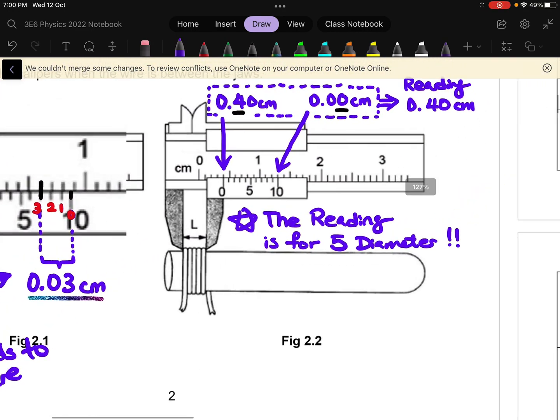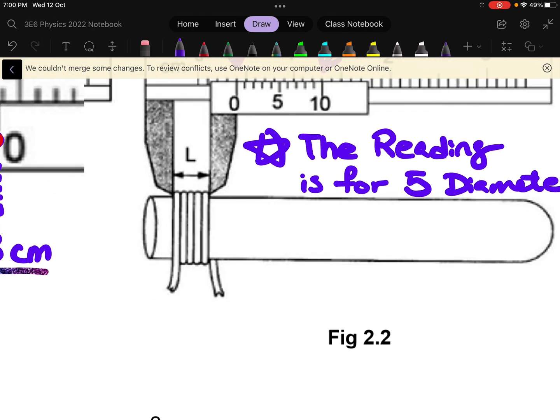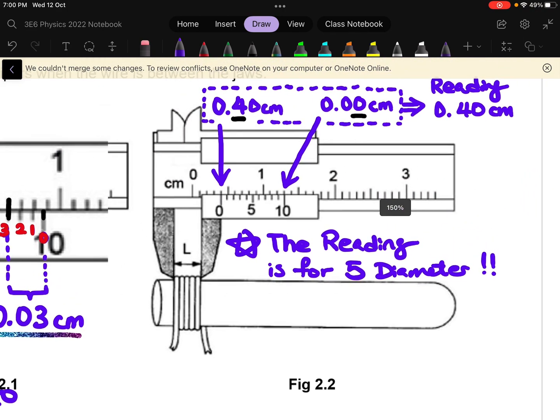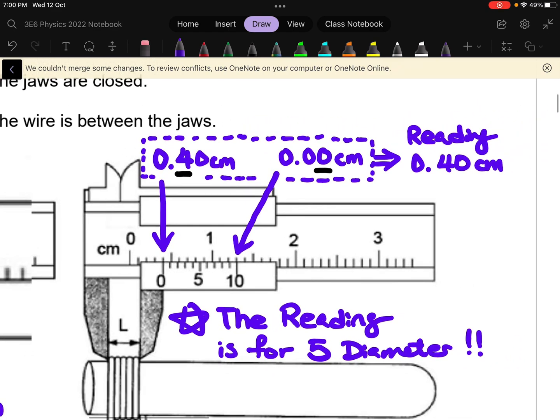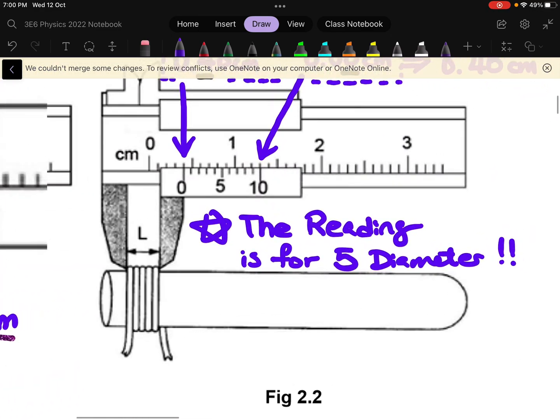If you look at figure 2.2, you can see that this particular measurement consists of not just one wire, but 5 diameters of the same wire. So after you get the reading from the vernier caliper, in this case showing 0.4 cm, after you compensate the zero error, you still need to divide the reading by 5 if you want to find the diameter of one wire.